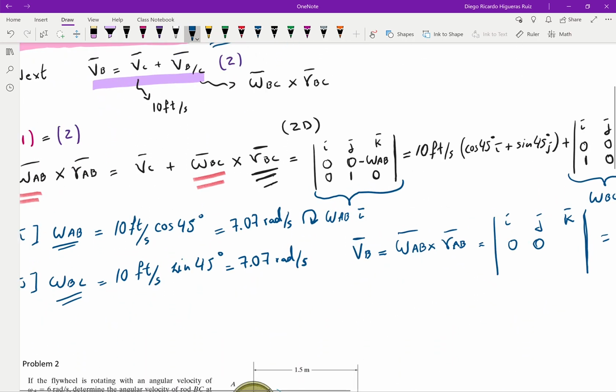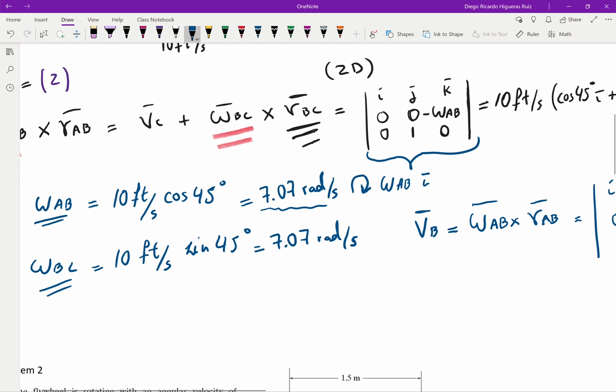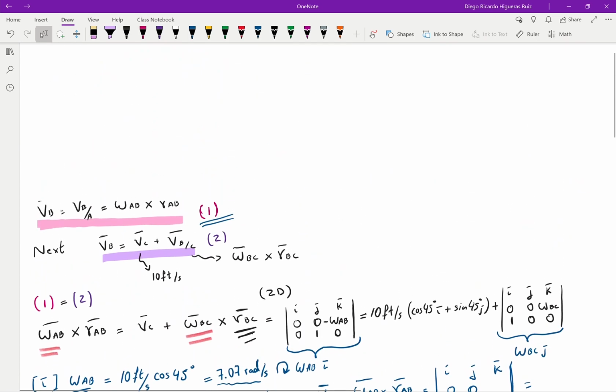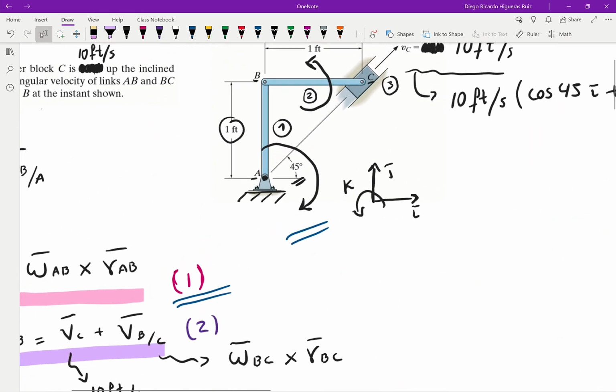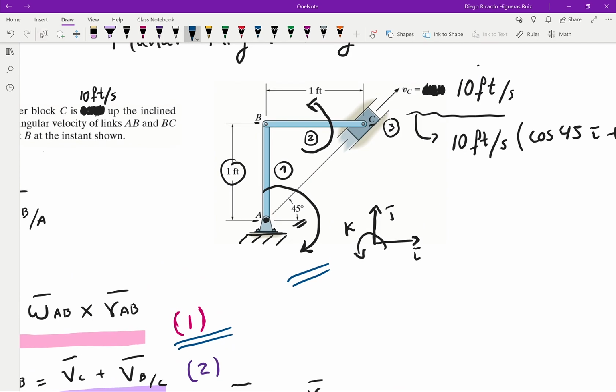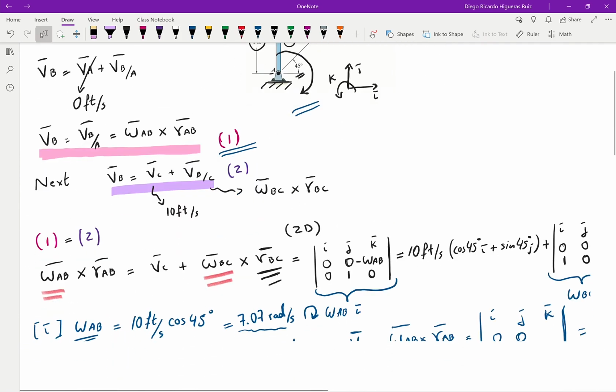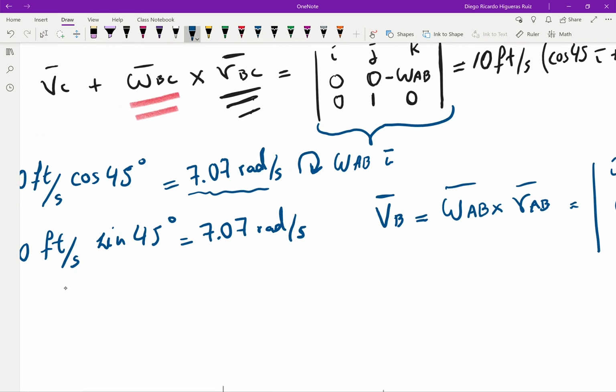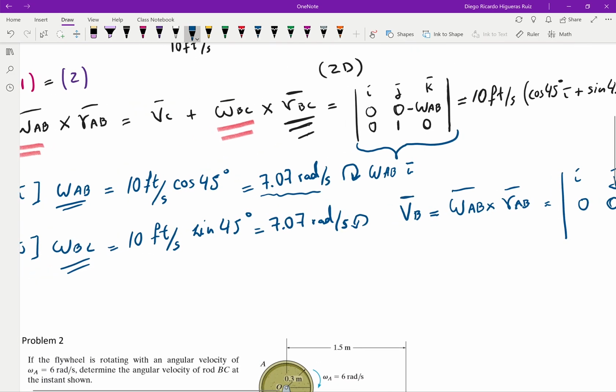And I got a positive number, which means my assumption was correct. Now for my omega BC, I assumed it to be counterclockwise, and I got it positive, so my assumption was right. Just like that. And I'm gonna highlight that this is my result.